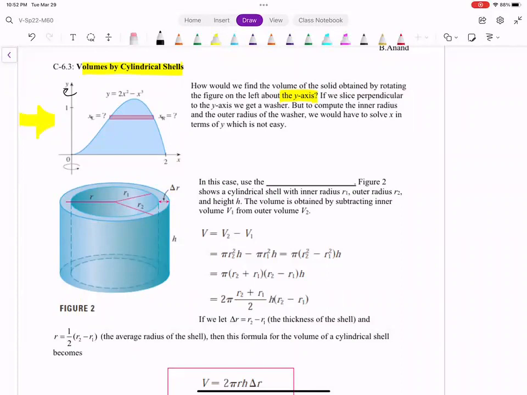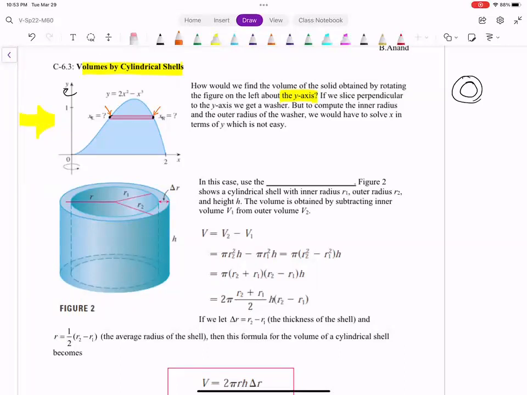When we do the washer method, we have two concentric circles. One radius comes from the inner curve, the other from the outer curve. For the inner curve, we need x left. For the outer curve, we need x right.